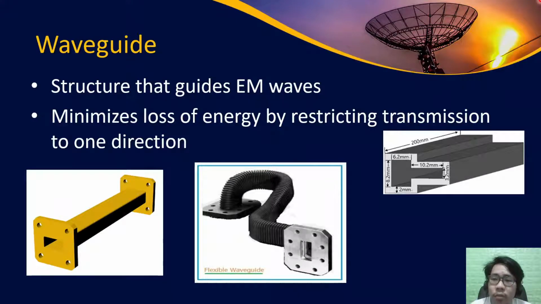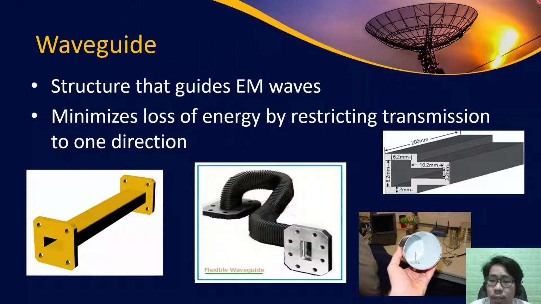Or we can have different shapes such as this waveguide here, the T waveguide. And lastly, we can also have a circular shape, as simple as this one. It just uses a can here for the waveguide and a vertical antenna here to transmit and receive signals.